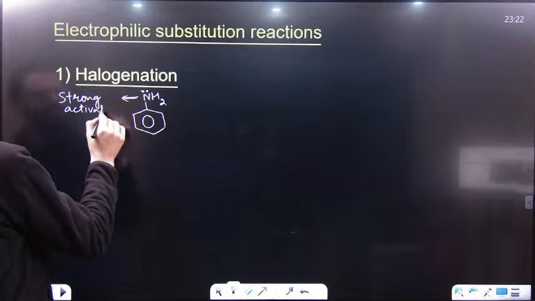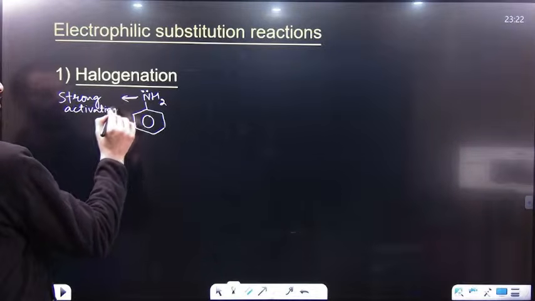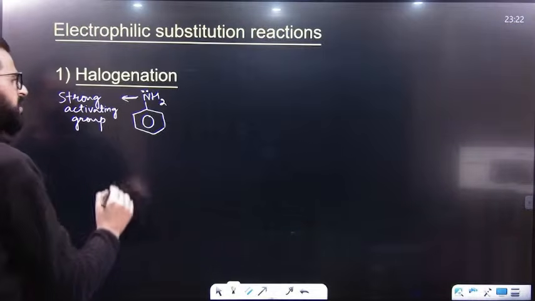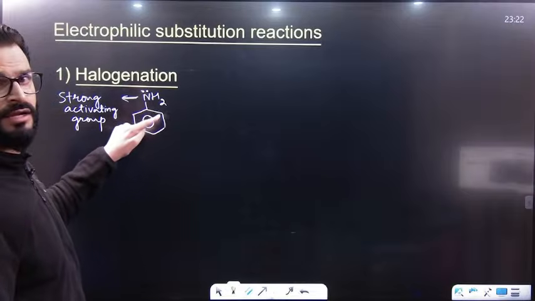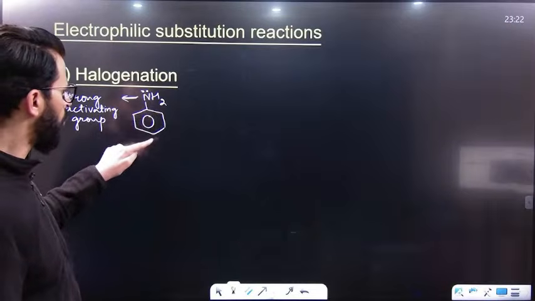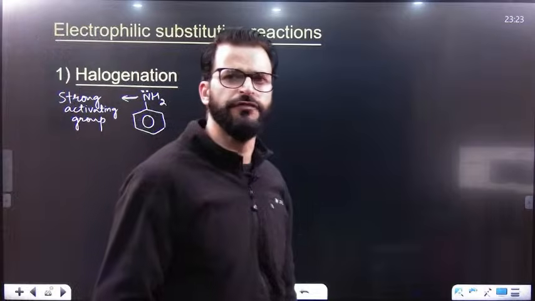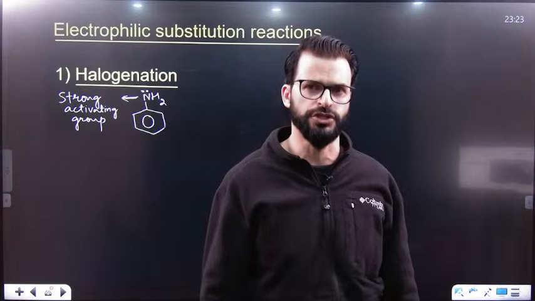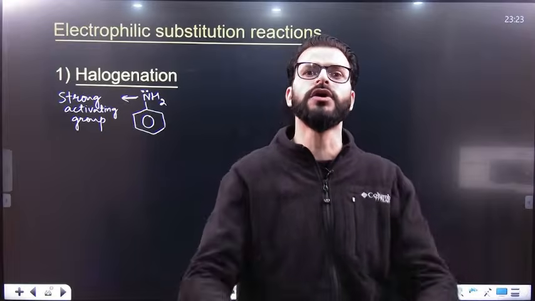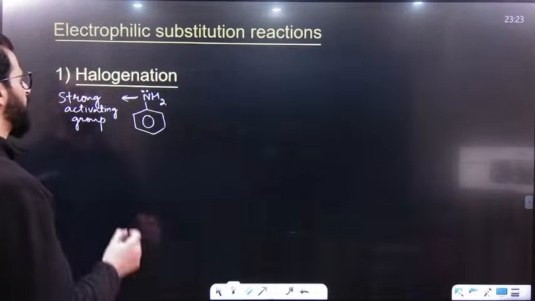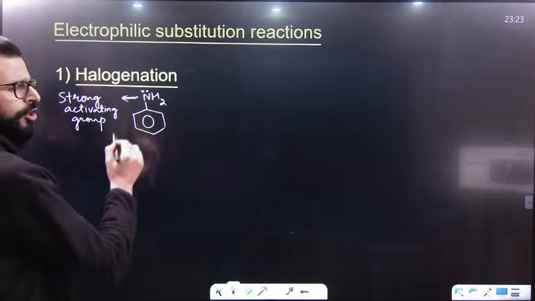That means it will donate electrons very strongly, and it will increase the electron density of the ring at both the ortho and para positions. That's why this is a strong electron donating group, or strong activating group, and it is an ortho-para directing group as well.